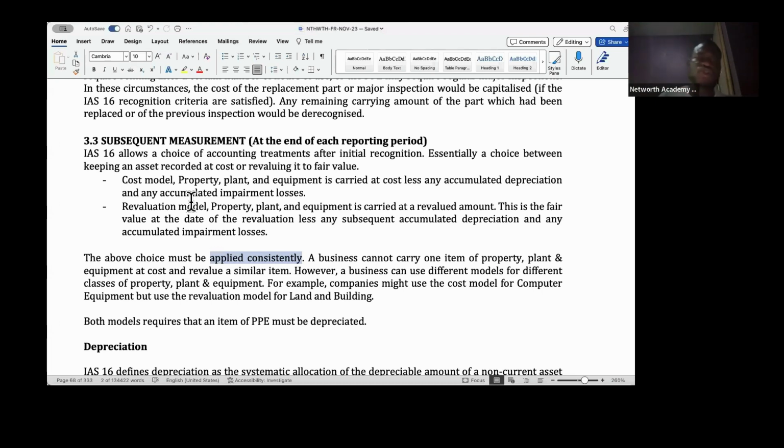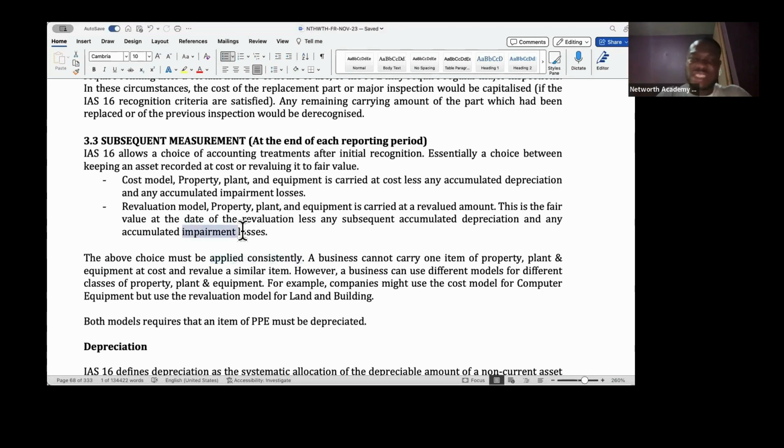Okay. So now, if you look at these two models, something is common in the two of them. We have depreciation and impairment losses. The same thing for the revaluation model too. Depreciation and impairment losses. Those two are common.